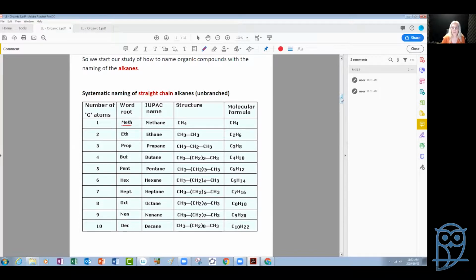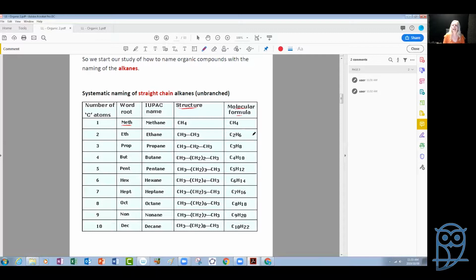Okay, so with the name of the alkane, which is given in this column, they also give us two ways of representing this molecule. This column is called structure, whereas this column is called molecular formula. This is the molecular formula of the compound methane, and this would be the molecular formula of the compound ethane, and so on.